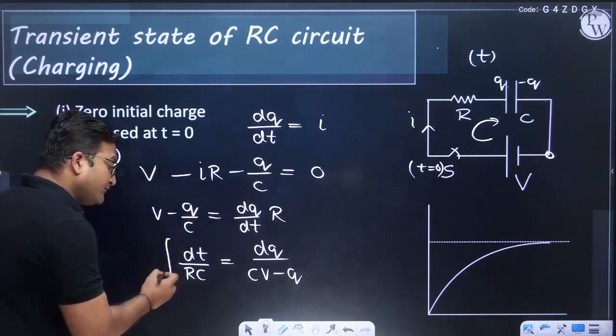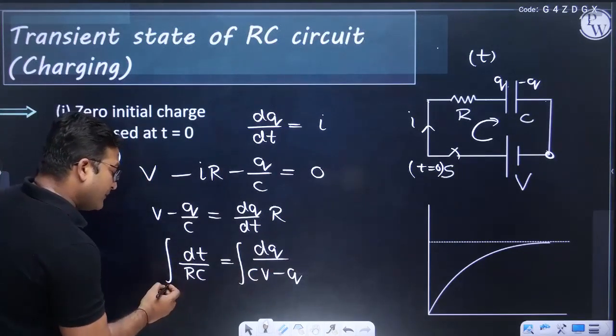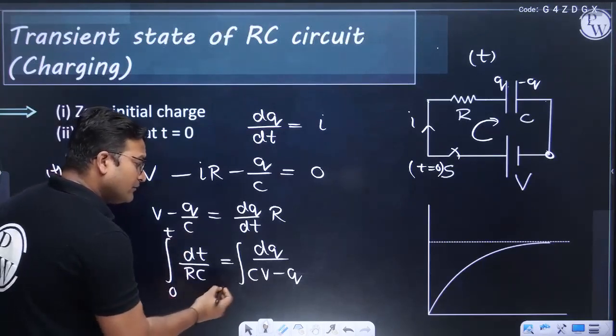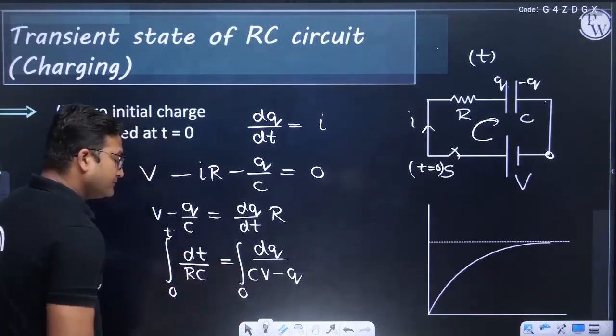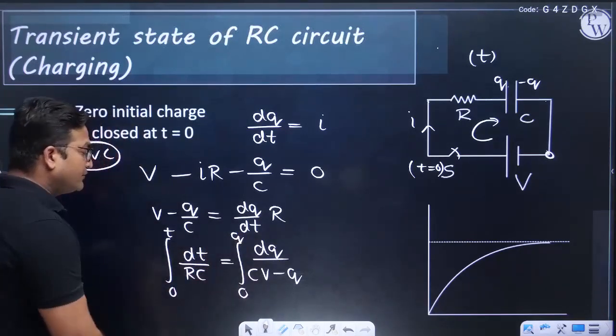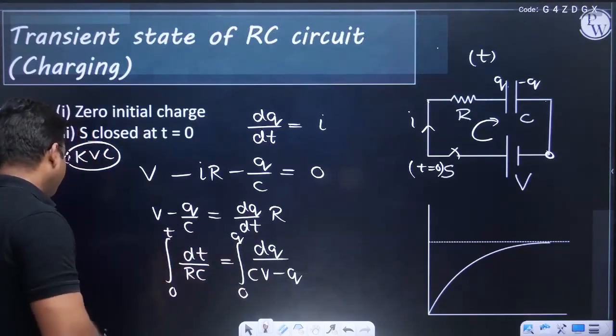You can integrate this differential equation, and here we will apply limits from 0 to t. So at t equals 0, we had no charge on the capacitor, and at t we have Q charge on the capacitor. So let's integrate this, and after integration, I think that part is simple for you.